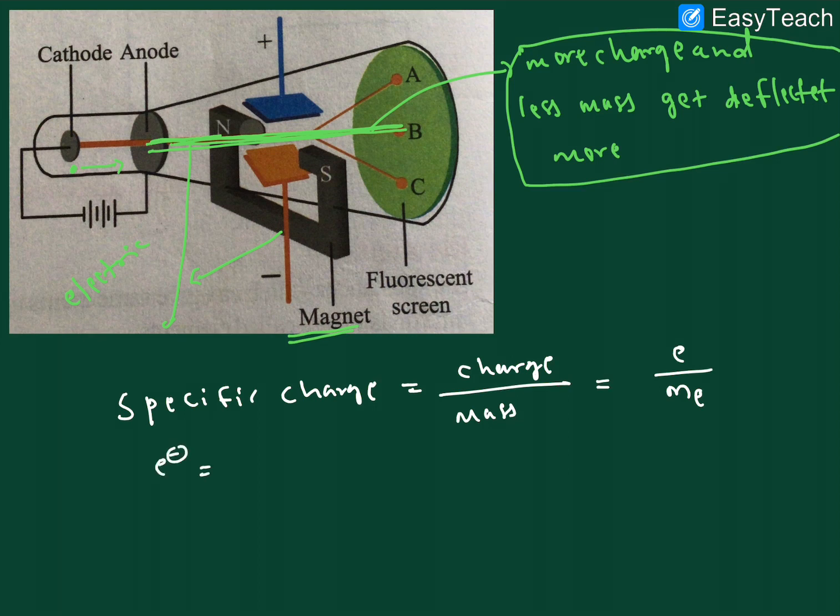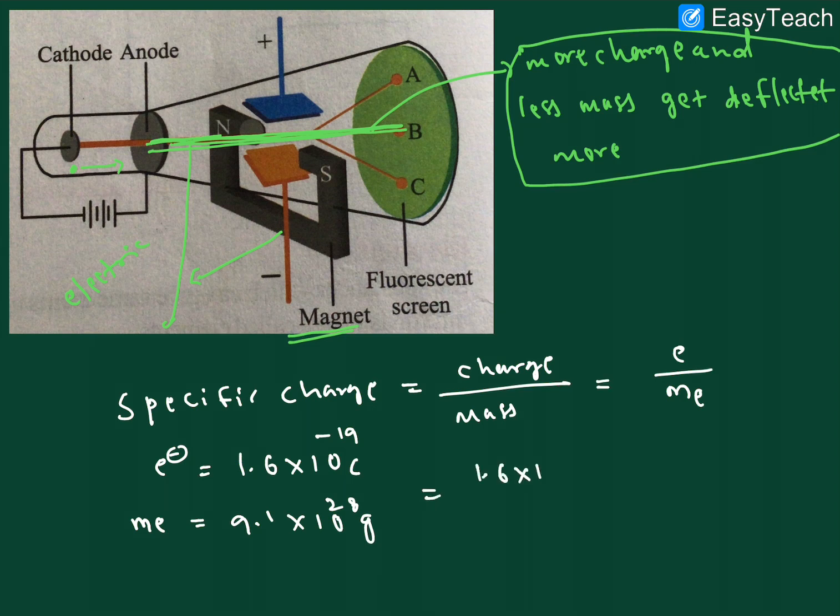The electron charge is 1.6 into 10 to the power of minus 19 coulombs. What is the mass of electron here? The mass of electron is 9.1 into 10 to the power of minus 28 grams.